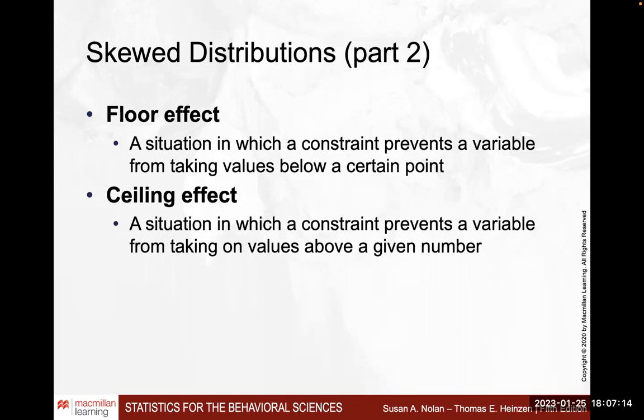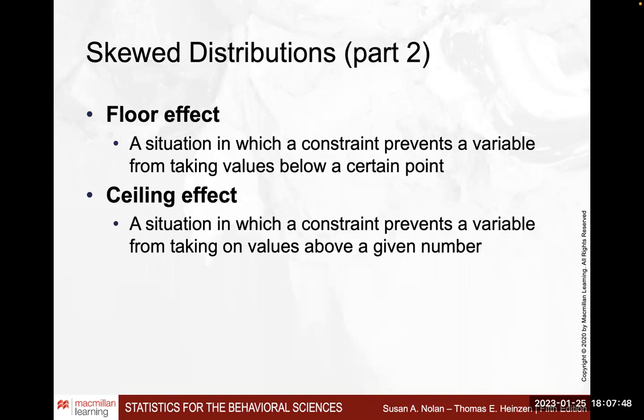You basically cannot reach more than, let's say, 100% or 50 points on the quiz. And most of the students will score very high, and you have some outliers that are pointing to the left, but the ceiling effect says it cannot be higher than 100%. Whereas the floor effect is the same example, but it starts at 0, so it can't get lower than 0. It can't get lower than a certain value. That's where the ceiling is. That's where the floor is. Sorry. So floor effect and ceiling effect.